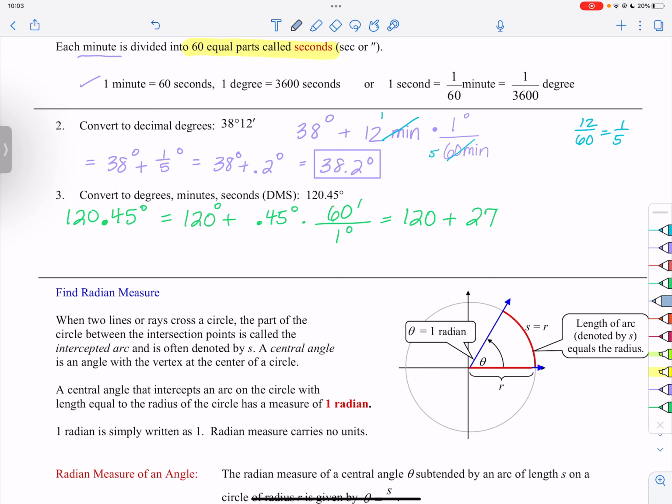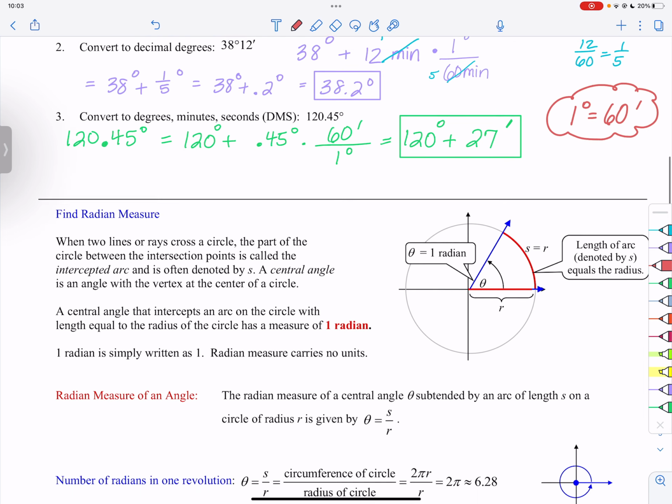So now we have 120 degrees and 27 minutes. Okay, so both of these conversions depended on what? 1 degree equals 60 minutes. That was very handy for those two examples.